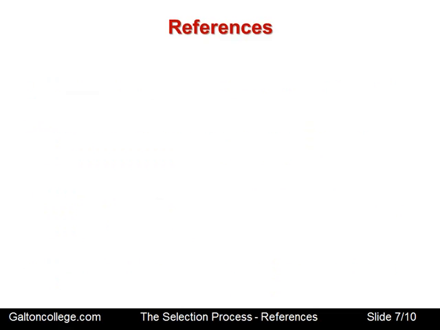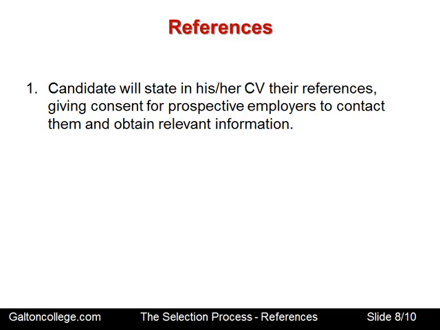Candidates will state in the CV their references. They will list the referees. They will talk about where the references may be collected, and will state exactly who the referees are. And they will have approached the referees and got consent from the referees to use them as referees.